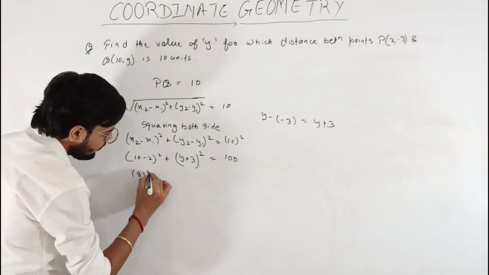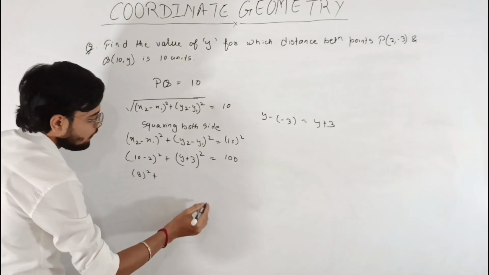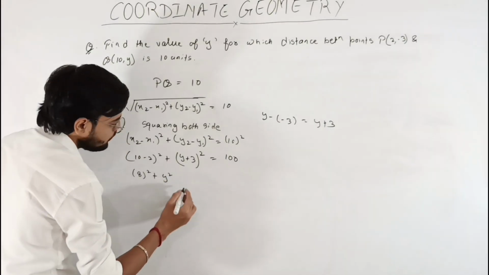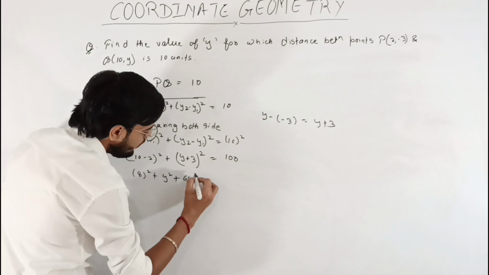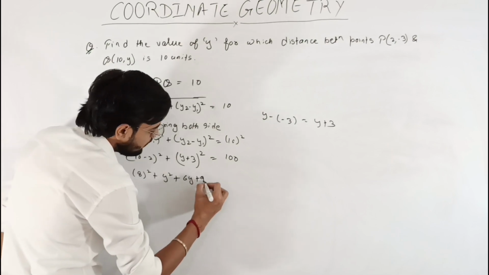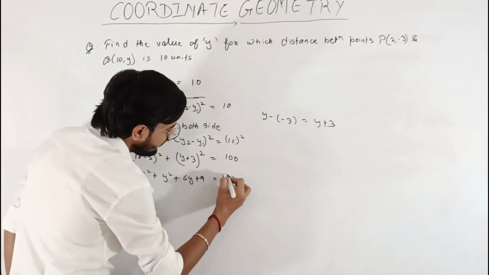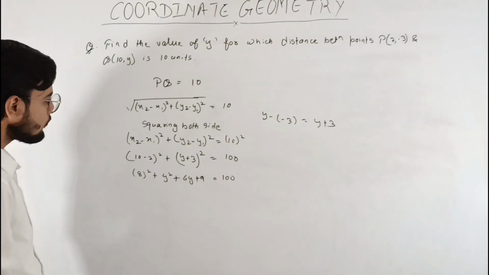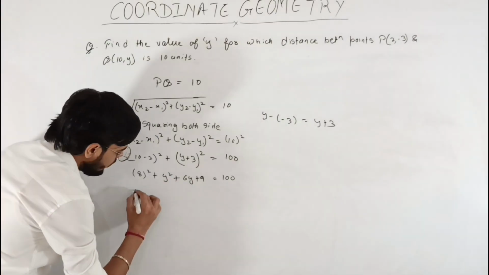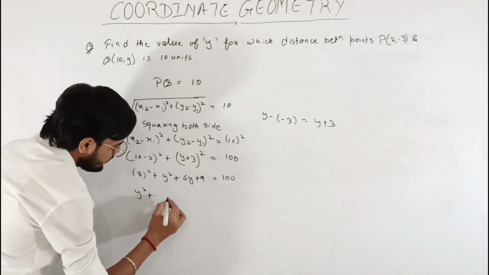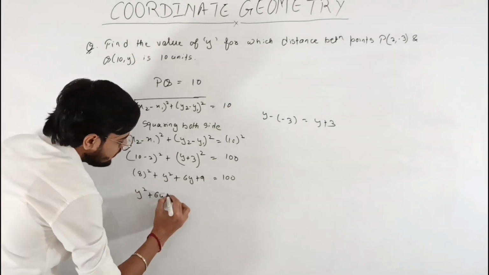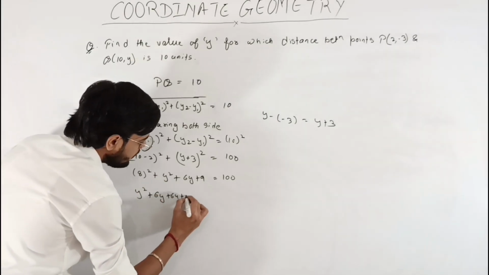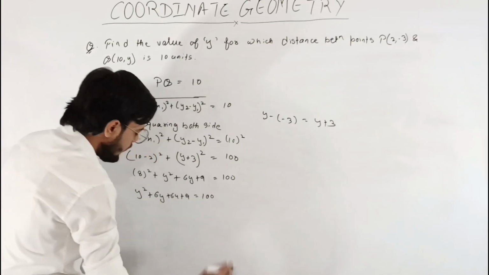So this is 8 square plus, this is a plus b whole square, which is a square plus 2ab, which means y square plus 6y plus b square, which is 9, is equal to 100. Now look, this is y square plus 6y plus 9 plus 8 square, a square of 8 is 64, plus 64 plus 9 equals 100.